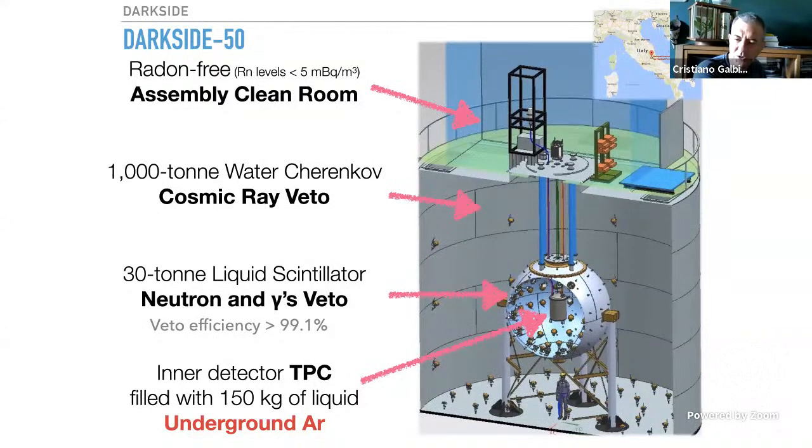So for this reason, you have the ability of capturing neutrons and giving a signal exactly at the point where the neutron is captured, avoiding the loss of efficiency that comes from the gamma rays, because some of them typically escape the detector. So it was a beautiful development, very effective, perhaps the best method for vetoing neutrons.